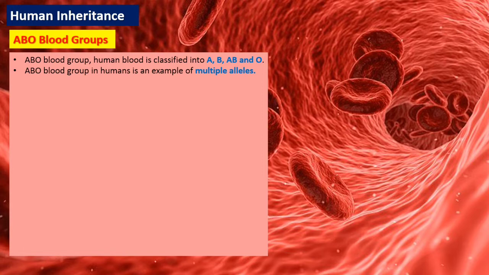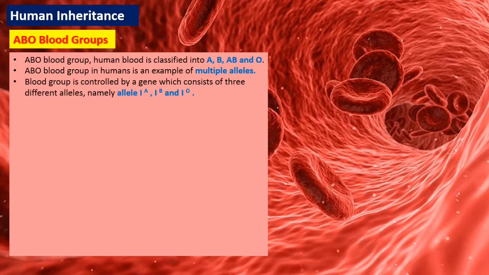What does multiple alleles mean? Multiple alleles means more than a pair of alleles. Before this, we have learned about one characteristic being controlled by a pair of alleles. But the ABO blood group has multiple alleles. That means there are 3 alleles: allele IA, allele IB and allele IO.